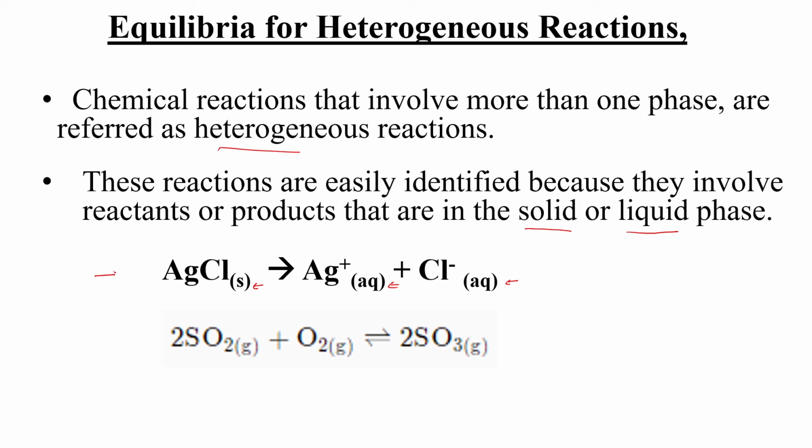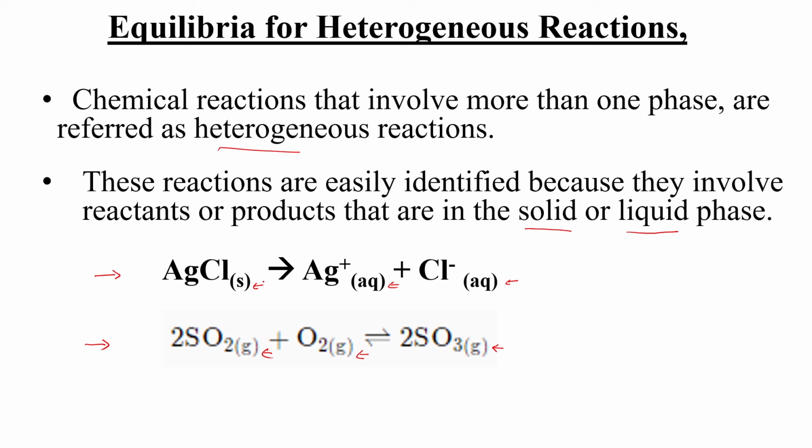Now look at the second example, where we have sulfur dioxide gas and oxygen gas, giving us sulfur trioxide gas. In this reaction, all three species are in the same phase, right? Gas, gas, gas. Whereas in the first reaction, we have solid and aqueous, aqueous.